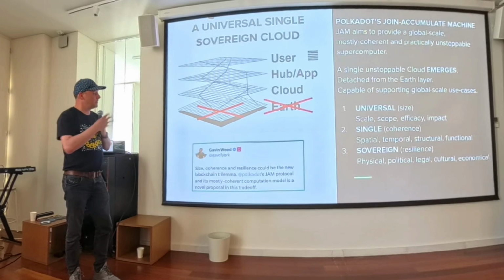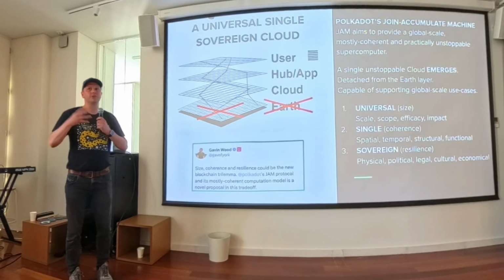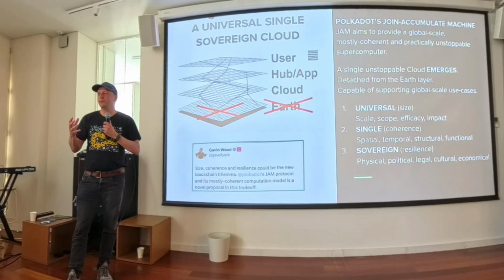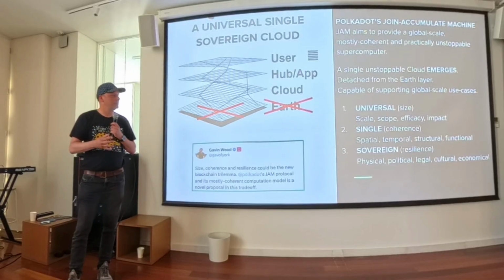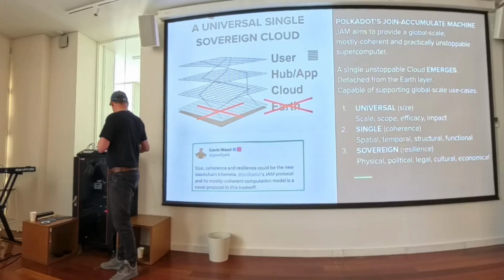And what JAM actually created is a breakthrough that allows for global scale use cases with a single coherent execution environment, orders of magnitude higher than previous generations of technology.